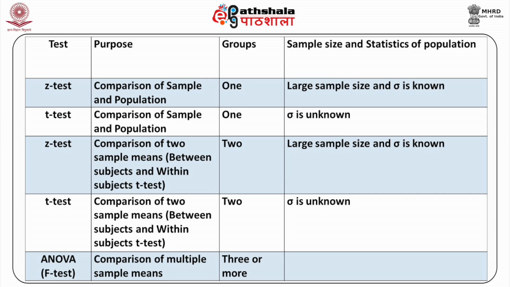The T-test again can also be used for 2 samples, and again we may have a between subjects design or a within subjects design, as we shall see in the coming section.